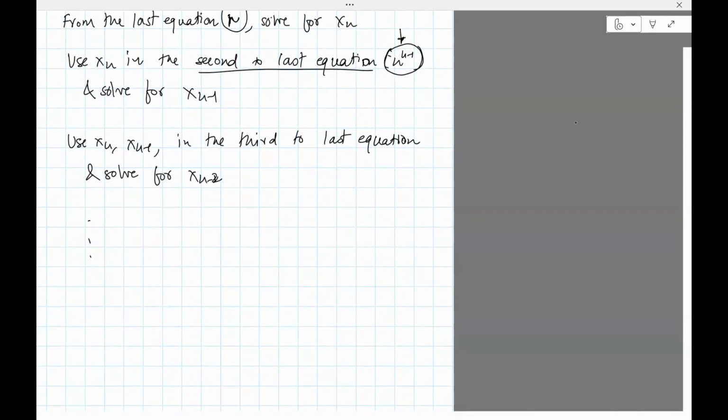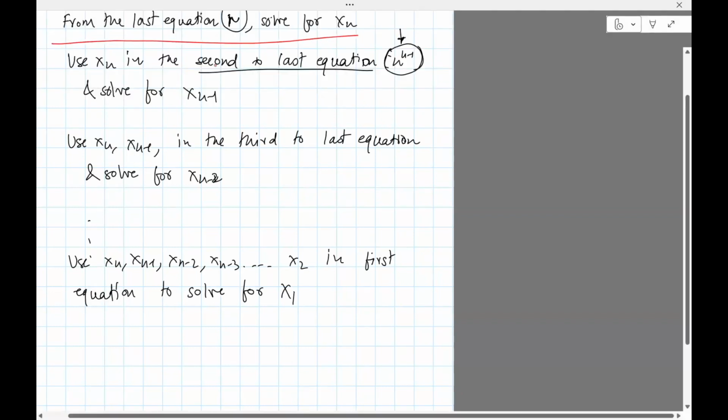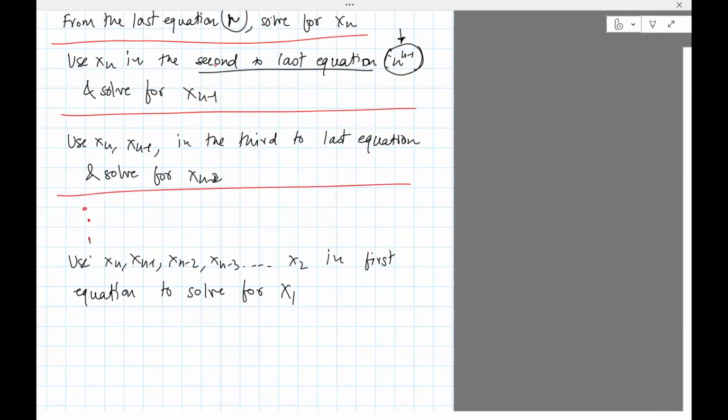The last step would be to use xn minus 1, xn minus 2, xn minus 3, so on till x2 in the first equation to solve for x1. So this completes it.